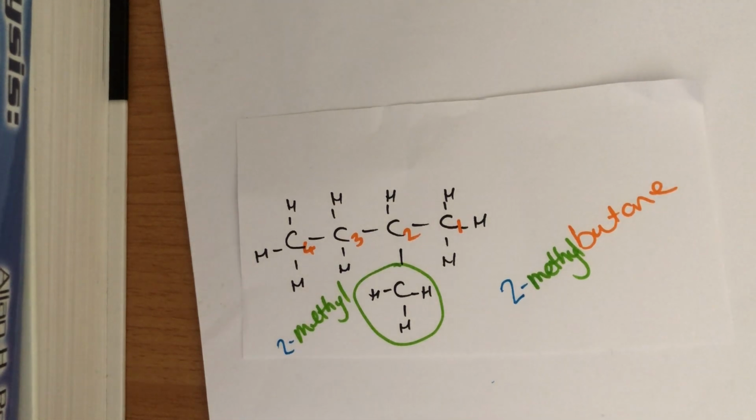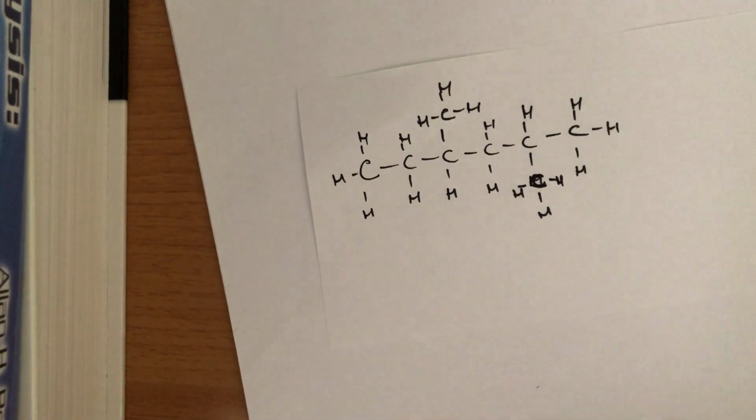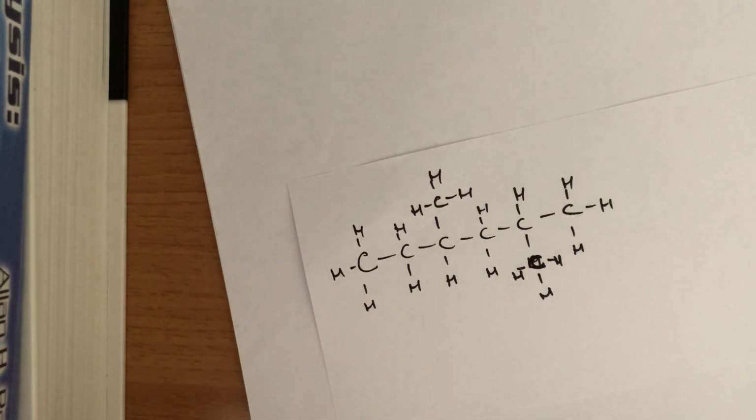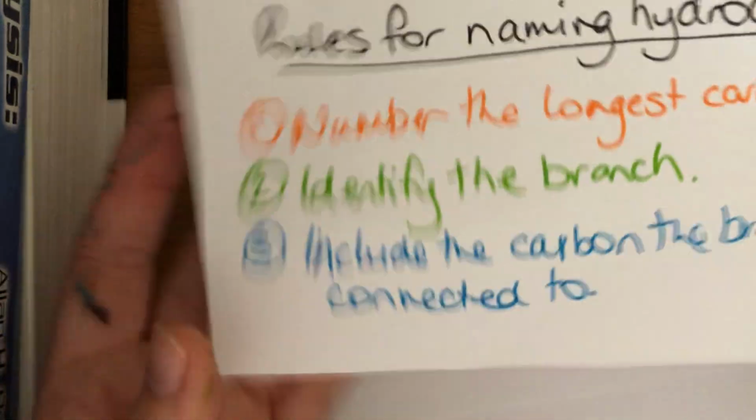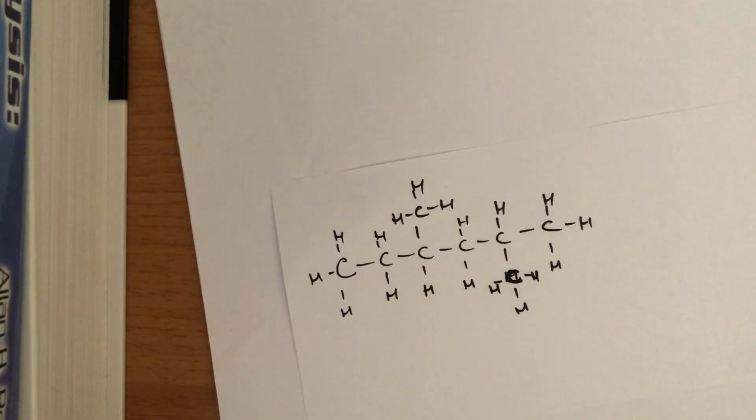Our next example is we're going to look at this one. We're going to do the same steps. Number the longest carbon chain, and you want it to be closest to a branch.